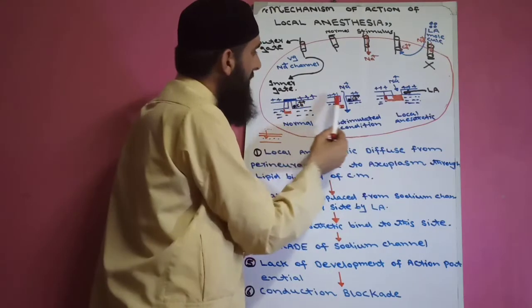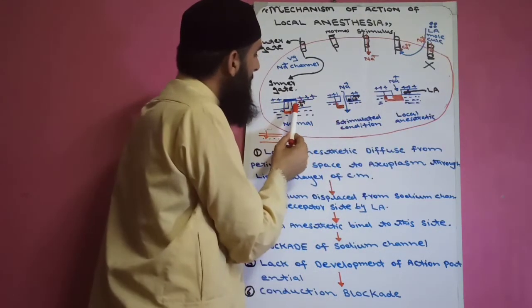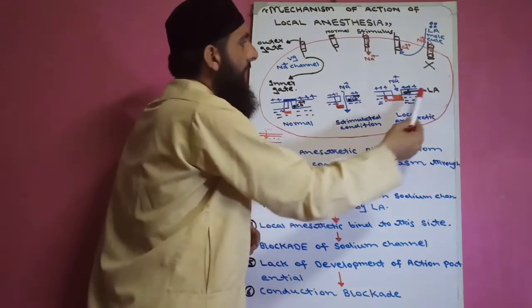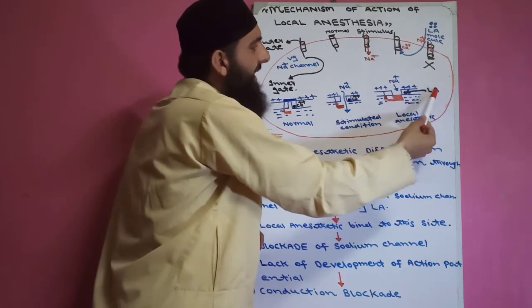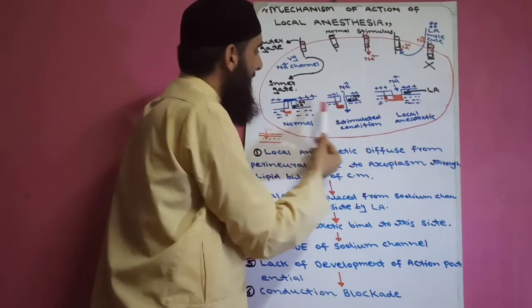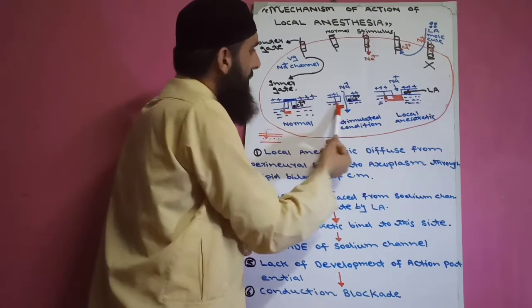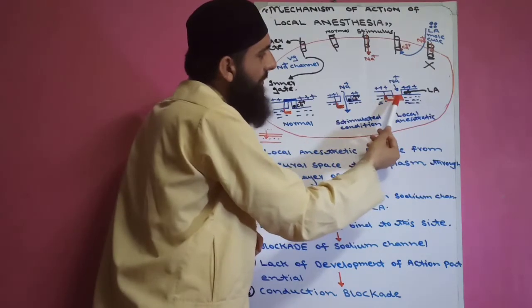This is the receptor site on the inner side of the sodium ion channel, on which calcium ion is attached. Now the local anesthetic displaces the calcium ion and attaches itself to this receptor, and as a result the inner gate closes. Here the inner gate is open, but here, due to local anesthetic attachment on the receptor, the inner gate becomes closed.